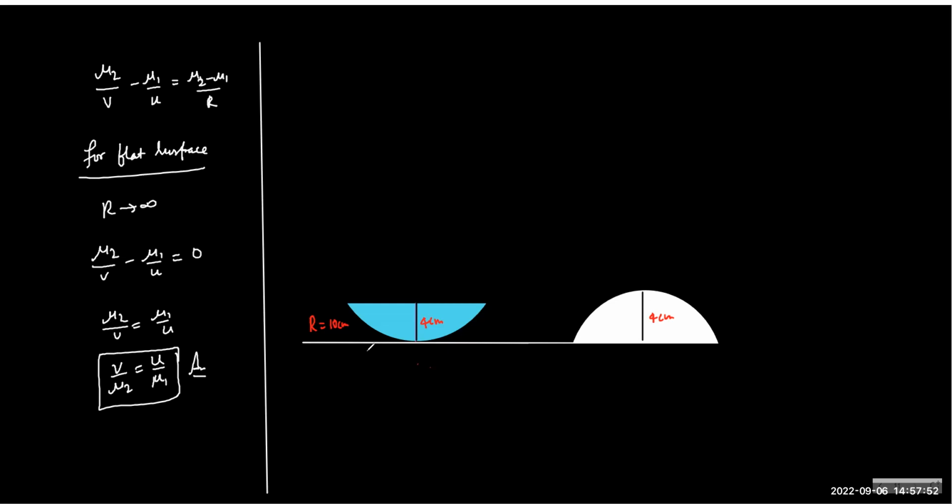So the radius is 10 centimeters for the curvature part, but the depth is 4, and there is an object kept at the bottom, and we have to look from this side, of course. Find the image distance in each case. The refractive index is 1.5 in each case.